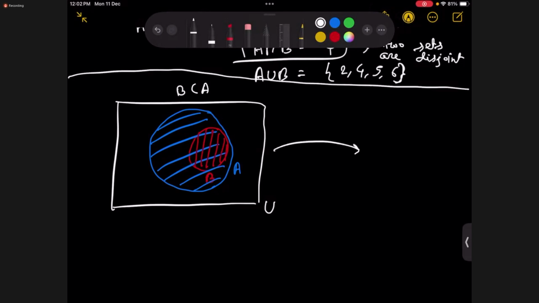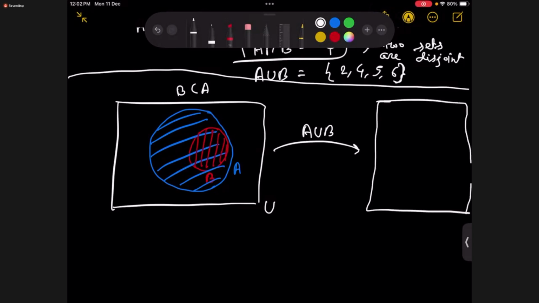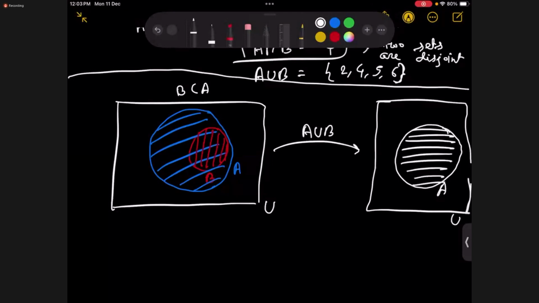So what about A union B? This is our U. And what about A union B? This is nothing but the set A. Why? Because we are including all the elements of A and B is already inside A. So it is sufficient to include the elements of A only.